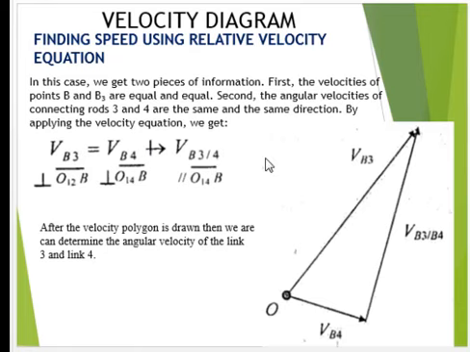After the velocity polygon, we can draw and determine the angular velocity of link 3 and link 4 like this. This is VB3, this is the direction for VB4, and finally the direction for VB3 relative to VB4.